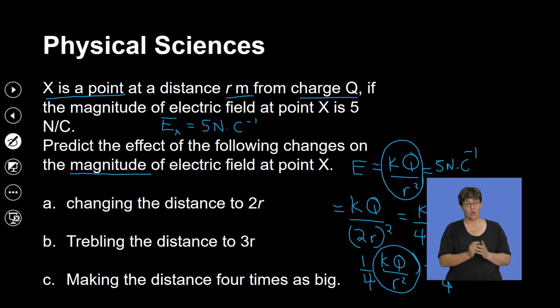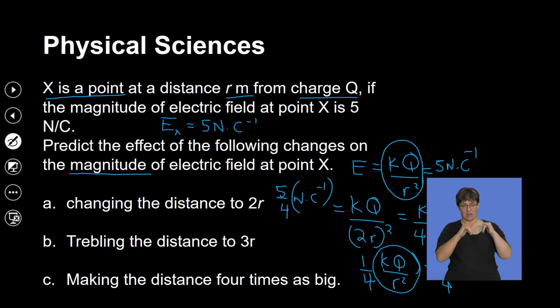If we change the distance, the new value would be 5 over 4, which is 1.25, a quarter of the original. So it decreases to 5 over 4 newtons per coulomb. Neither does the force increase nor remain the same if we double the distance. The force will actually decrease, in proportion with the mathematical relationship that we already know.